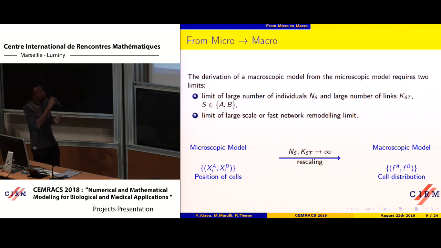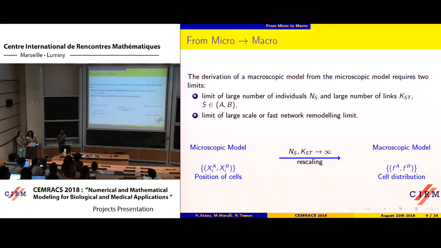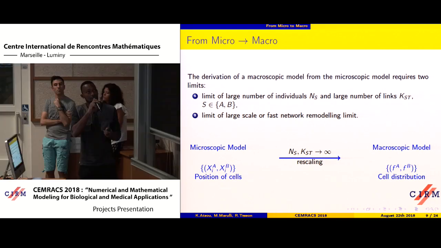Usually the derivation of a macroscopic model from a microscopic model is split into two steps. First, the limit of a large number of individuals and large numbers of links between the particles. And second, the limit of large scale and fast network remodeling.